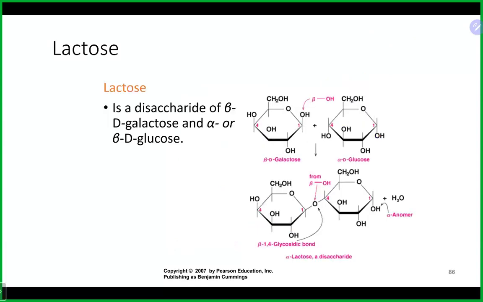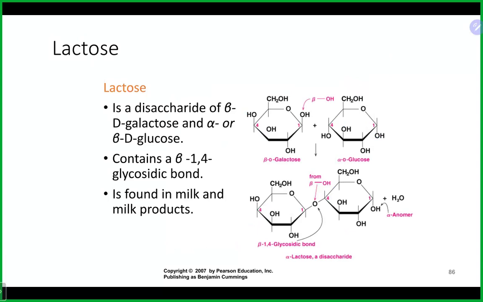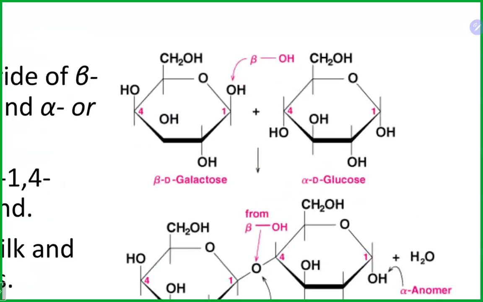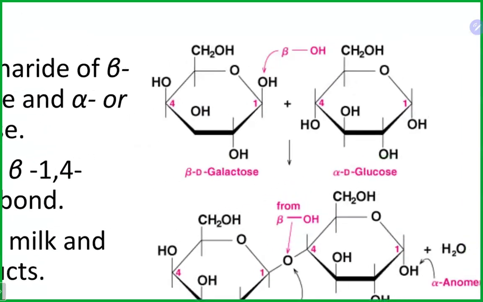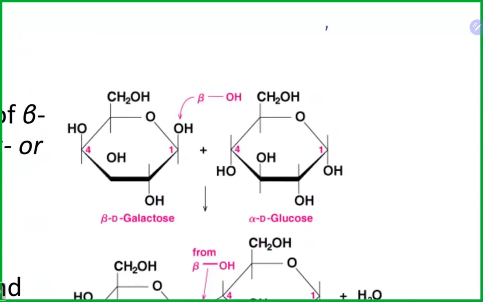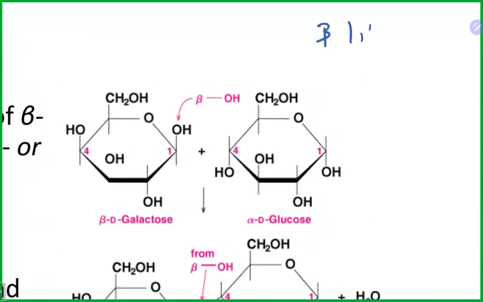Now, lactose is another disaccharide, and it's made up of a couple of different monosaccharides: a beta D-galactose and a glucose, either alpha or beta. Same idea, but what's going to happen here is a different bond, known as a beta 1,4 bond.